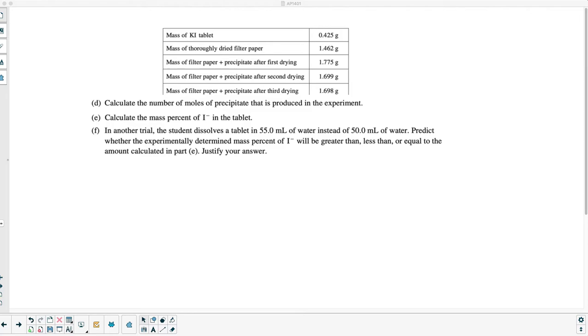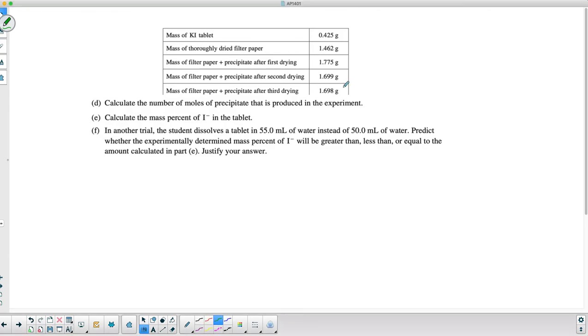This is: calculate the number of moles of precipitate that is produced in the experiment. So the first thing I'm going to do is take a look at the information that I have. I'm going to start with 1.698, because that is the amount of the filter paper and the precipitate.